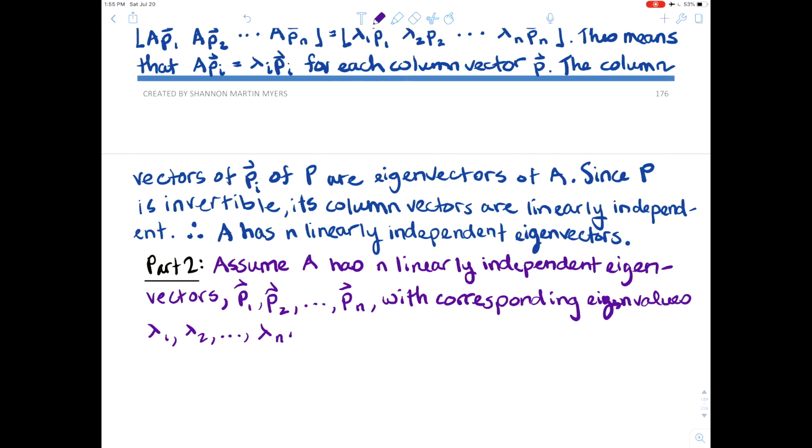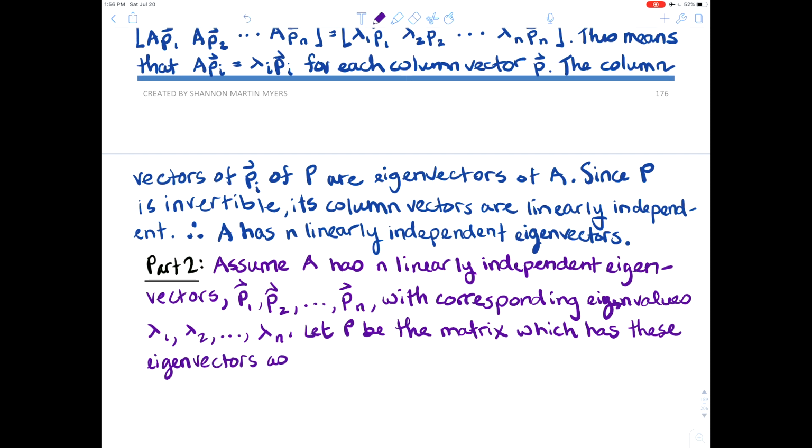Cool so far? And let's also let P be the matrix which has these eigenvectors as its columns.